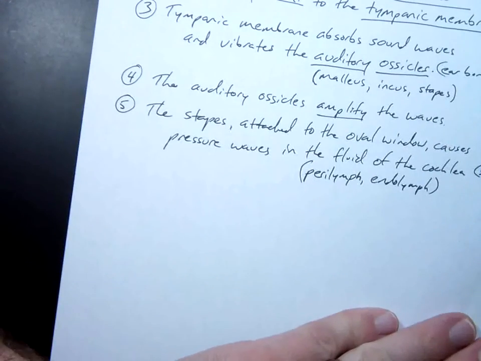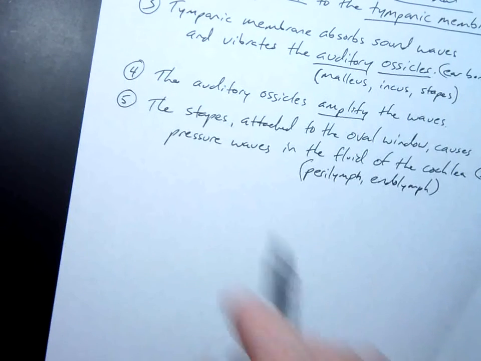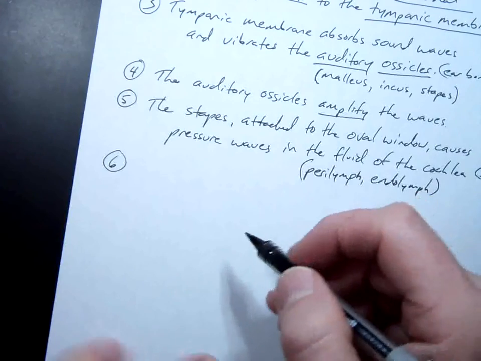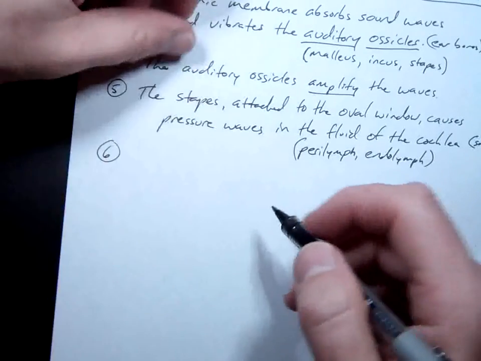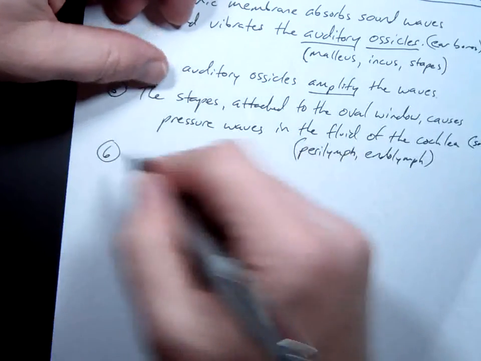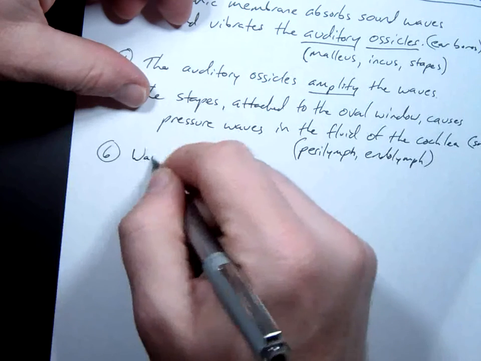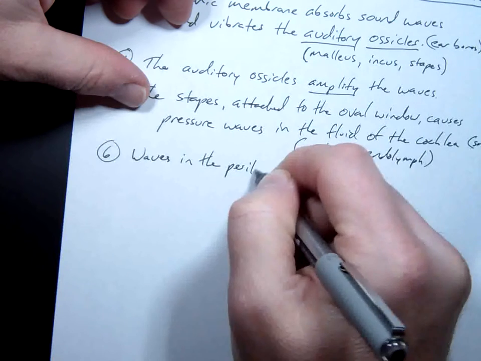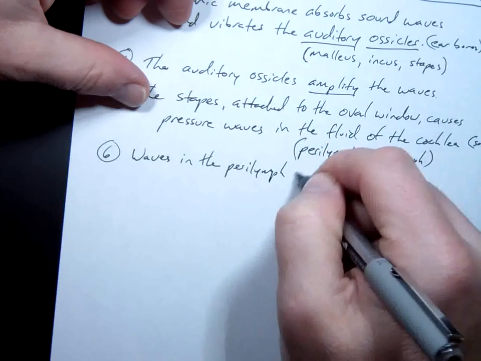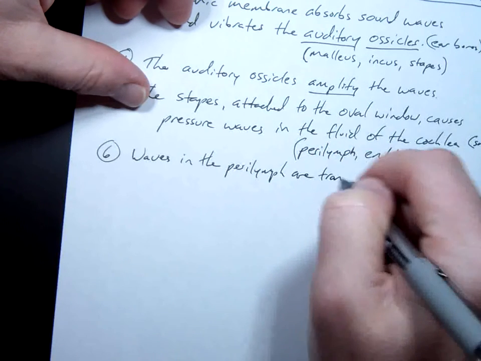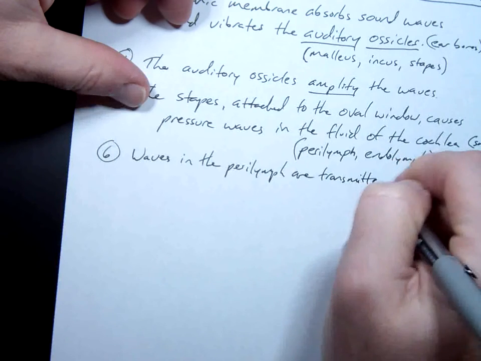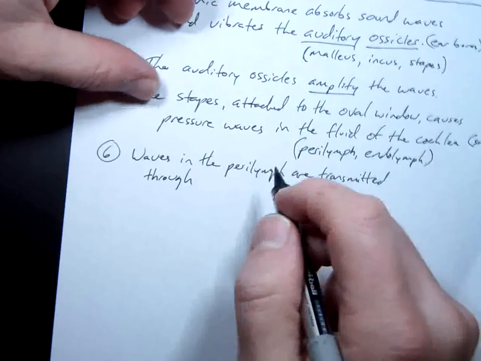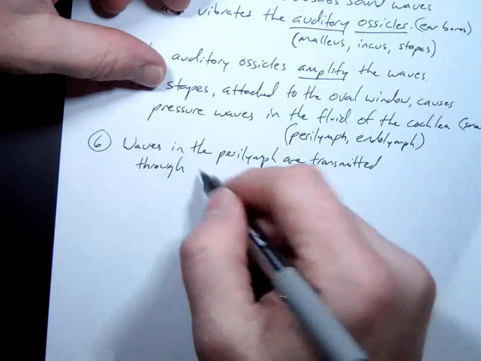So, waves in the perilymph are transmitted through the cochlear duct.